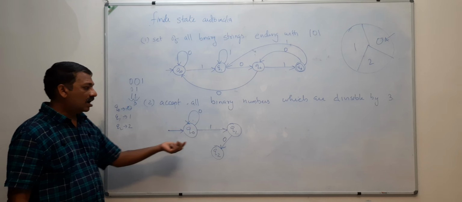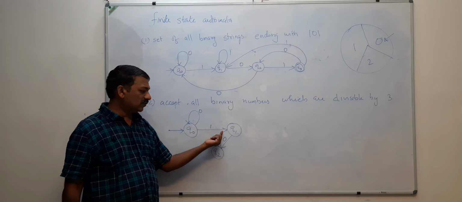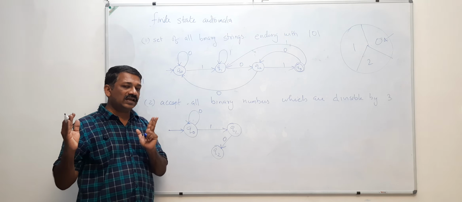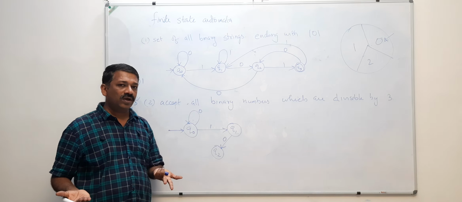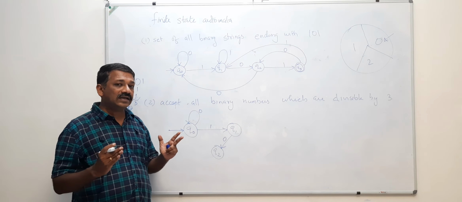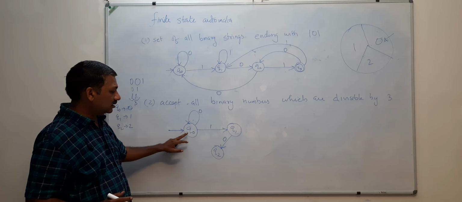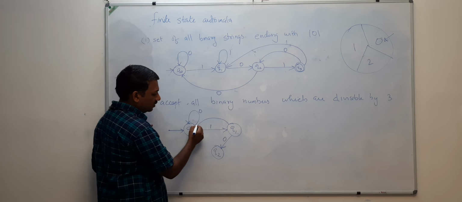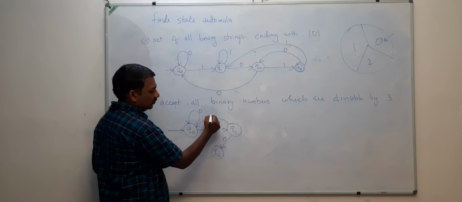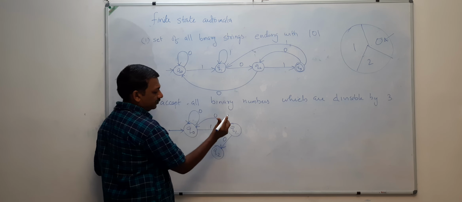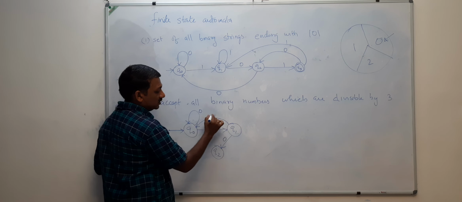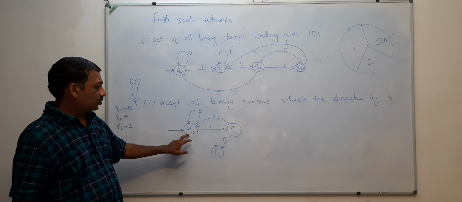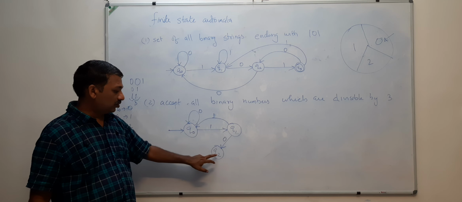As it is generating remainder 0, that is represented by Q0, and we have to put an arrow from Q1 to Q0, which is labeled as 1. Okay. Then Q0 to Q1 and Q1 to Q2.